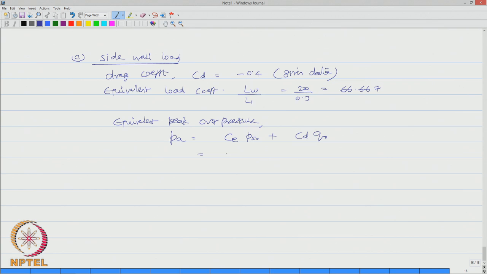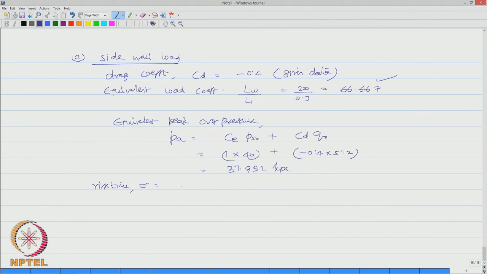So, equivalence in this case is going to be 1 because of the ratio, plus Cd is minus 0.4 into Q0 is 5.12. We know that the sidewall will have a lesser effect than the front wall, okay, which is going to be 37.952 kilopascals.